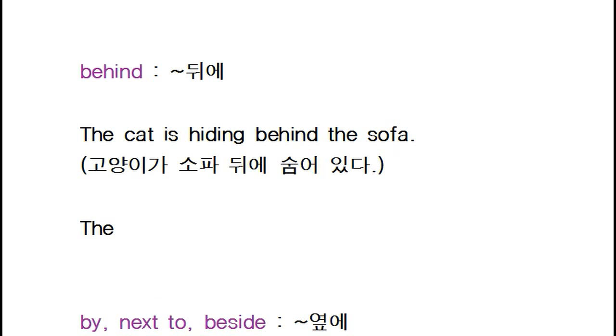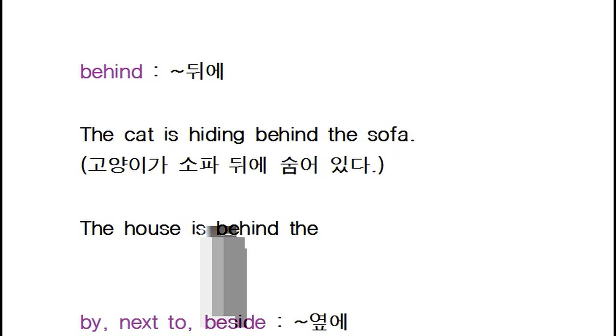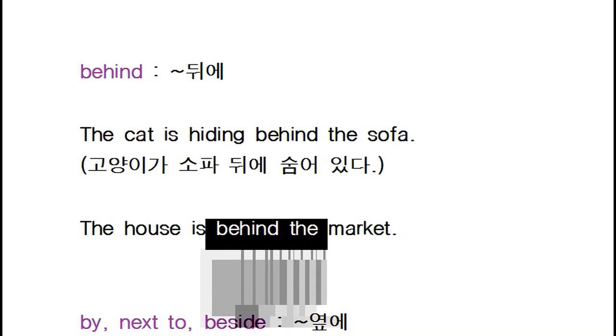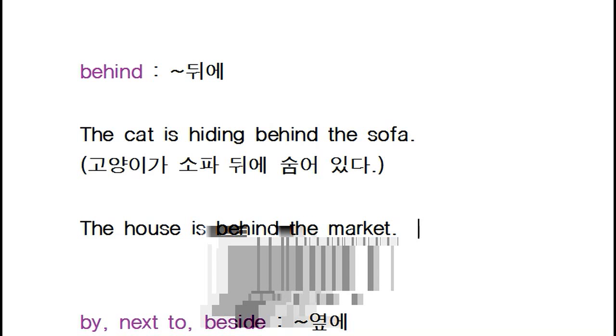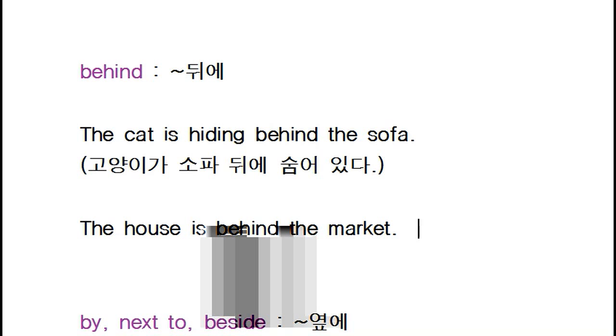What is the example? The house is behind the what? Behind the market. Got it? So the house is where? Behind the market. So after the market, you can see the house. Do you understand, students? Good.